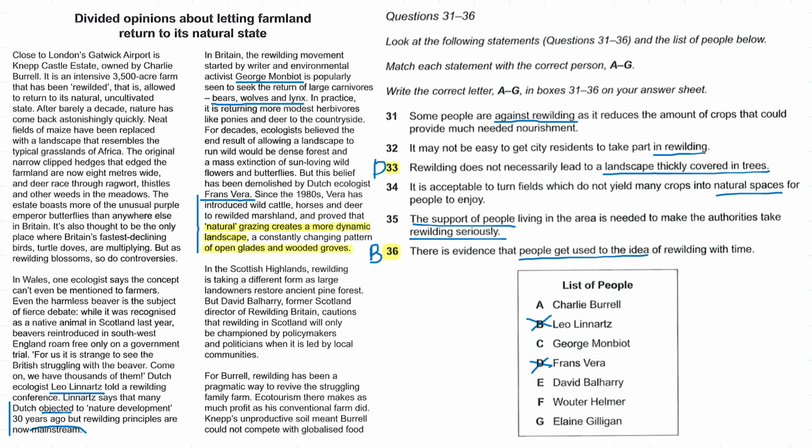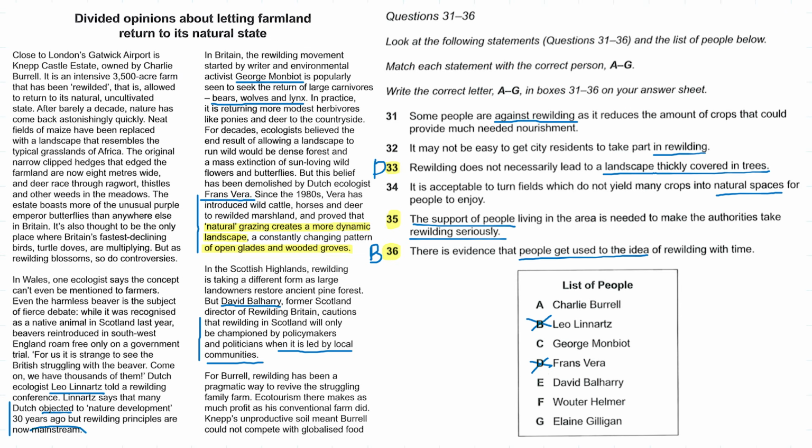Let's continue. The next is David Balhary. And he cautions that rewilding in Scotland will only be championed by policymakers and politicians when it's led by local communities. Have a look at number 35. The support of people living in the area is needed to make the authorities take rewilding seriously.